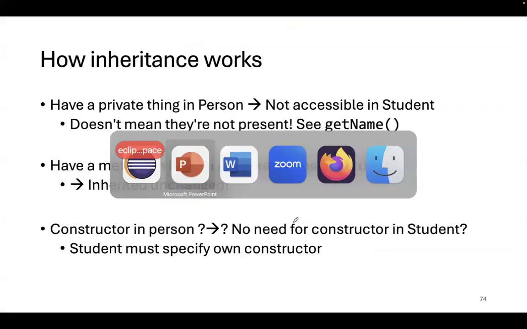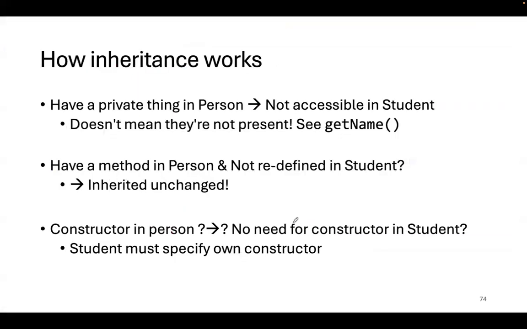So even if we make things private in person, it means they're not directly accessible in student. But that doesn't mean that they're not present. So we can call the method getName and still retrieve that information. It just means that we can't directly call the name field.